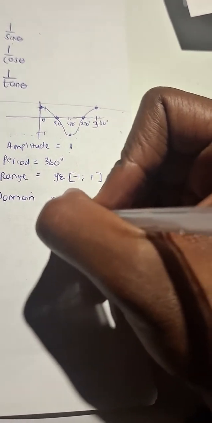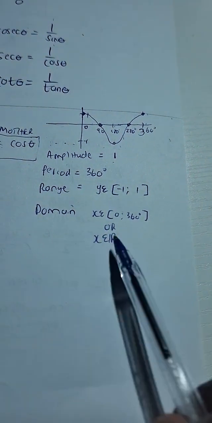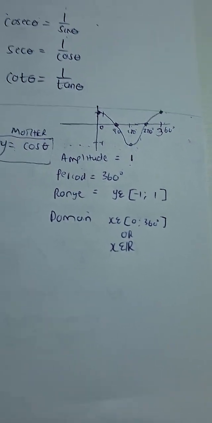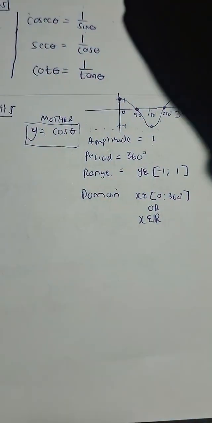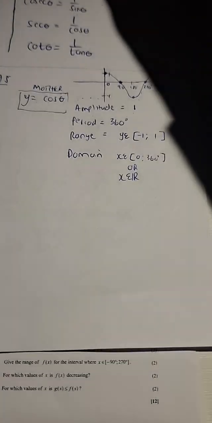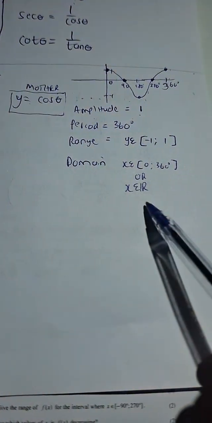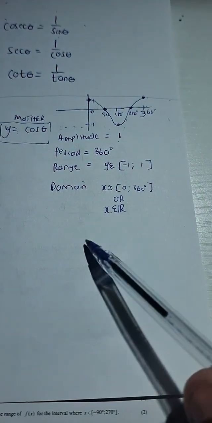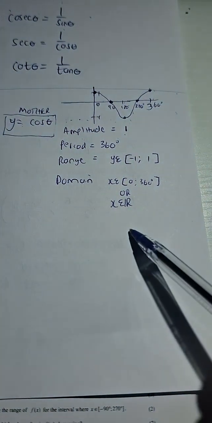But in the event that the function is unrestricted, it is infinite, then we know that x is an element of real numbers would definitely satisfy the domain of a mother cos graph. Where there are no restrictions, x is an element of real numbers, meaning the function will exist everywhere from left to right.